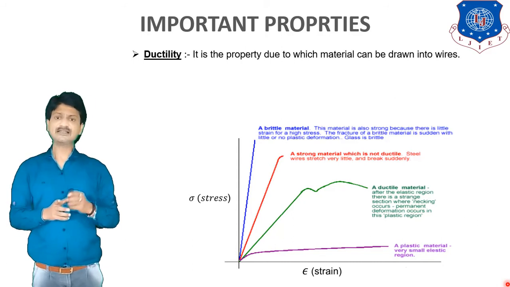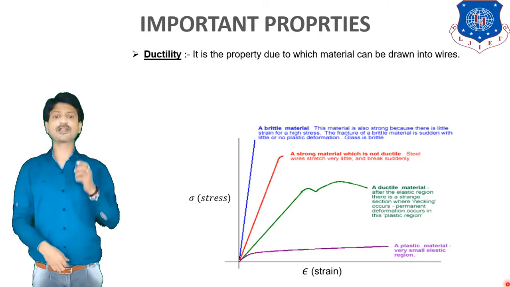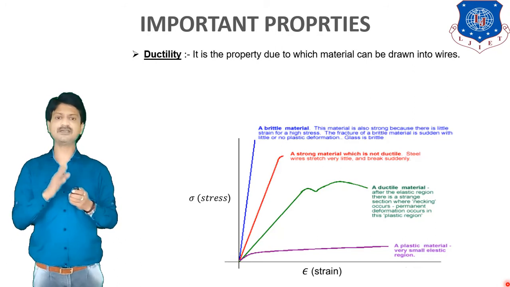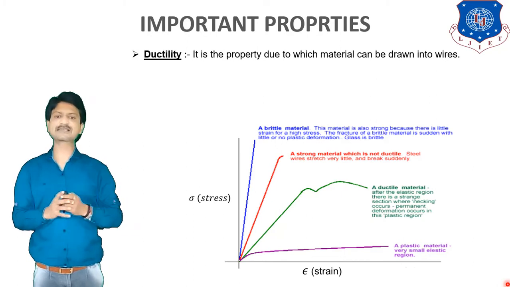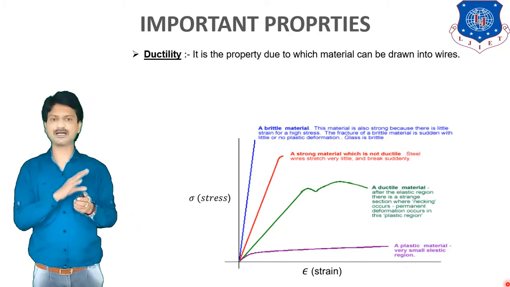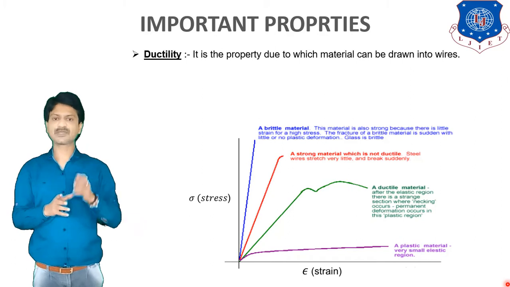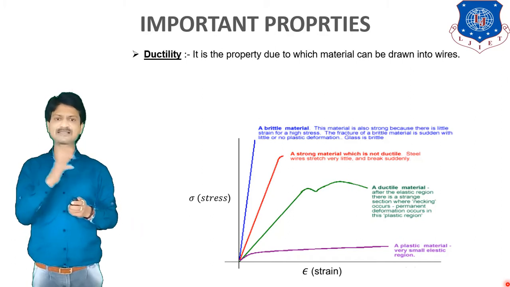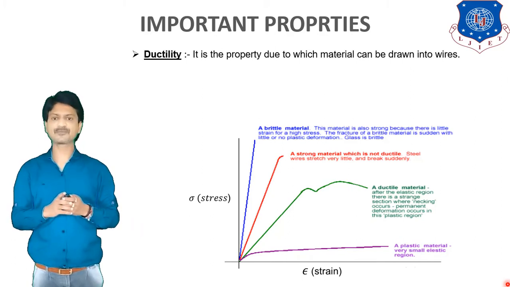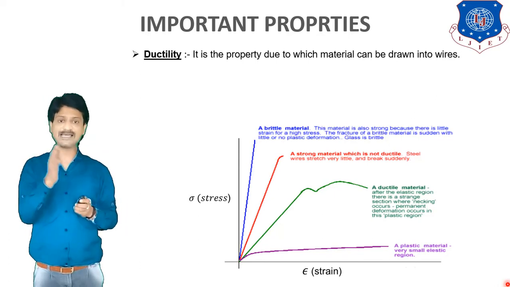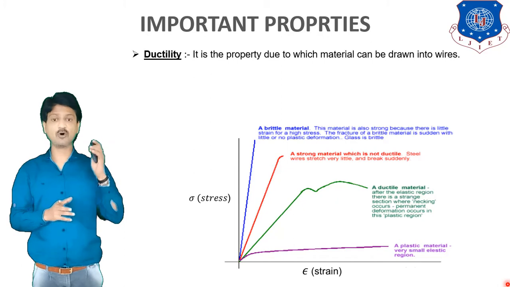So we can see here that the breaking point for a ductile material will be very much above the yield point, as we have discussed in the stress strain diagram. Also, ductility can be measured in terms of percentage elongation. The higher the percentage elongation, the more ductile the material is.